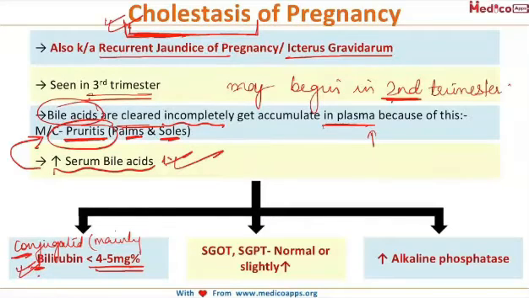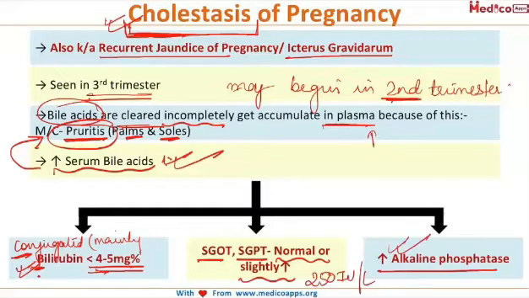Now coming to the bilirubin, the levels increase but remain less than 4 to 5 mg%. Apart from this, the liver enzymes SGOT and SGPT remain normal or might be slightly increased. The levels usually do not exceed 250 international units per liter, and the level of alkaline phosphatase is increased more than that in a normal pregnancy.